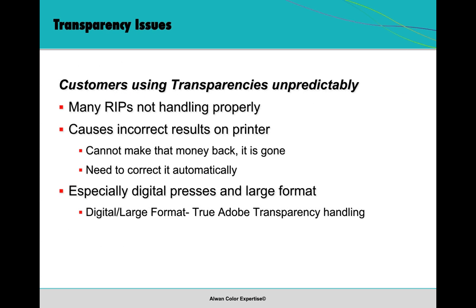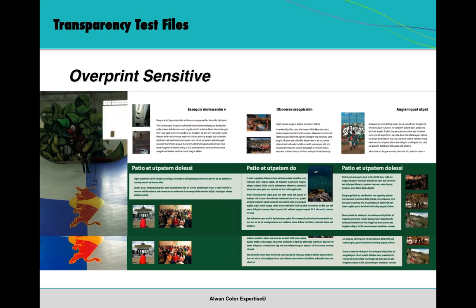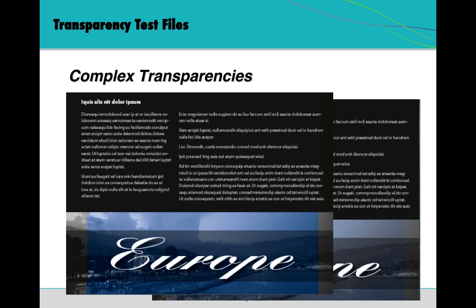And these days, more and more transparencies are being used by people building these pages, and they can really cause havoc. So we actually have, in addition to the key form, which has some transparency elements, some test files with overprint sensitive and complex transparencies that can test your workflow and see how well your workflow handles these types of transparencies that can cause havoc on the output device.